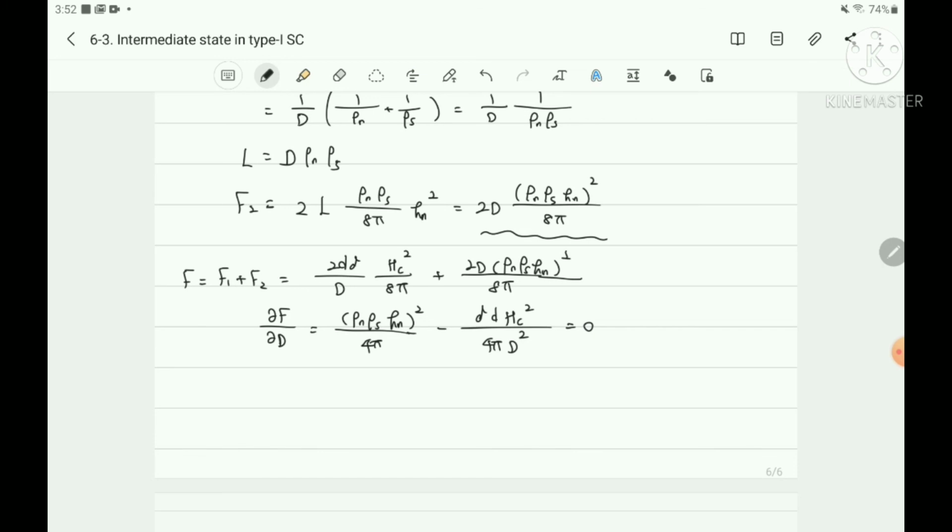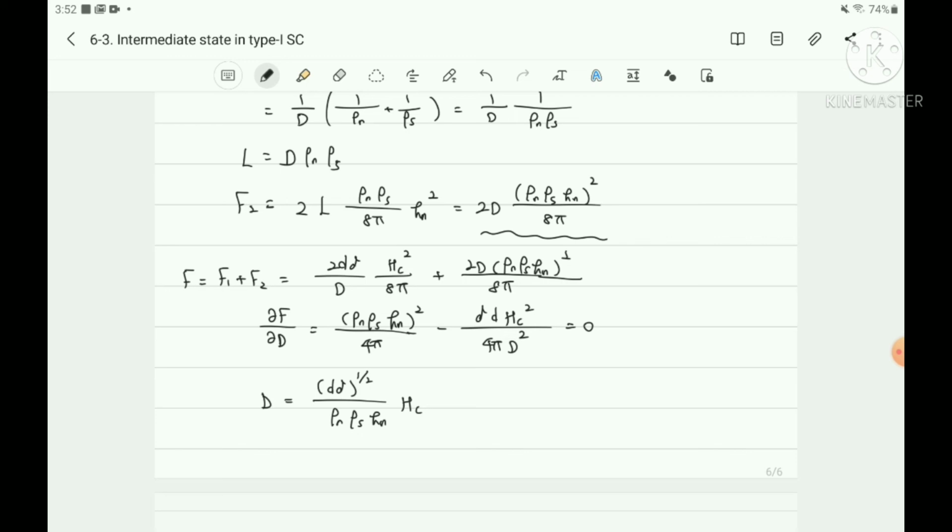From this, d can be written down, and 4 pi can cancel with each other, so d is equal to rho n rho s over Hn times square root of d delta over Hc. And also, Hc is close to Hn in the typical case.